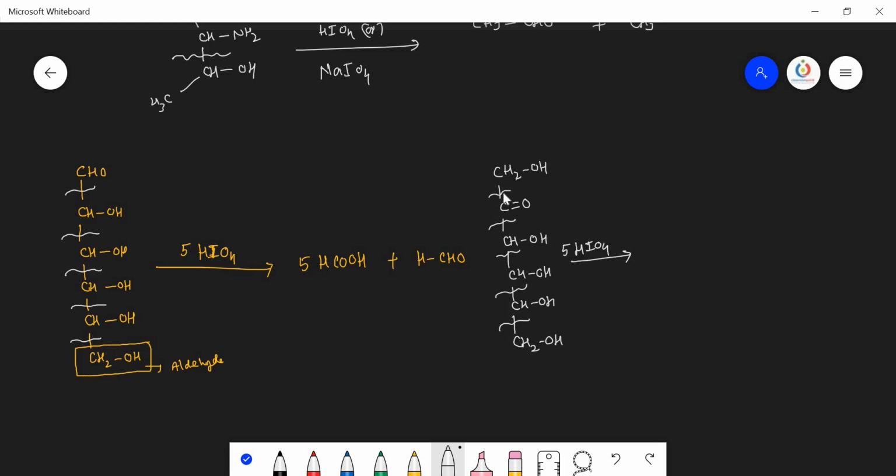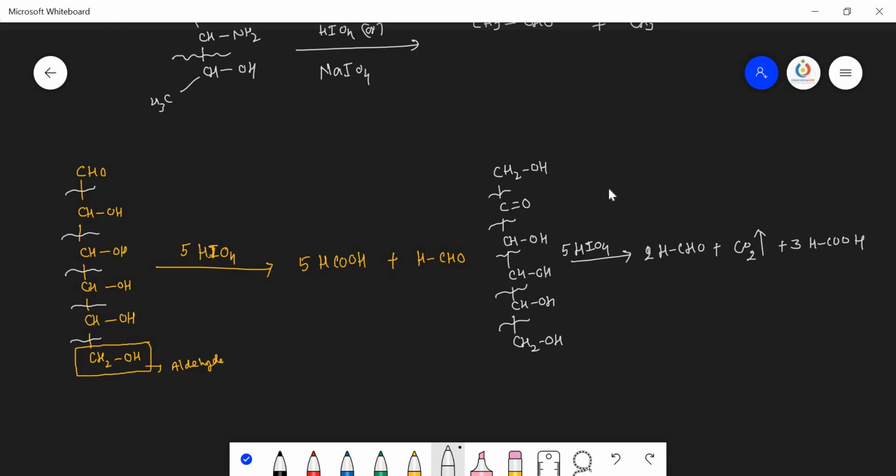Here the CH2OH group is broken only on one side, this is also only on one side. So these two molecules give the aldehyde, meaning two molecules of HCHO, formaldehyde. And the CO group is broken on both the sides so that it shall give carbon dioxide. And these CHOH groups are broken on both the sides, so they will give the carboxylic acid. 1, 2, 3. 3 moles of formic acid will be produced.